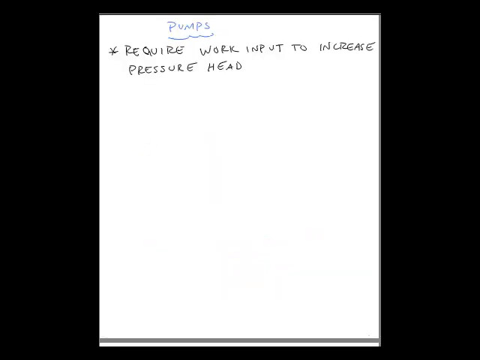Next, we're going to talk about pumps. Pumps require a work input to increase pressure head, and there are different types of pumps. A couple that we'll talk about are axial and centrifugal. And they have various different power inputs.